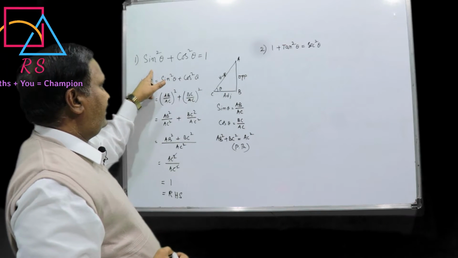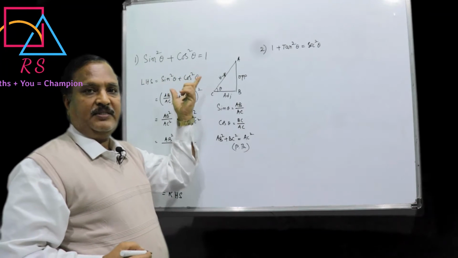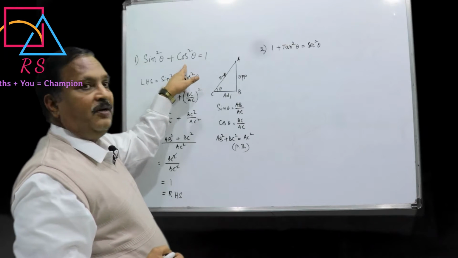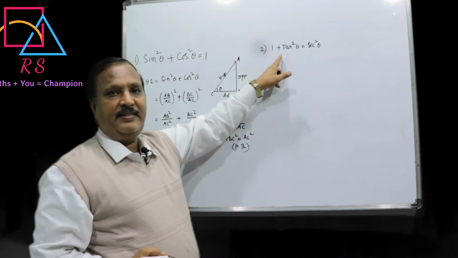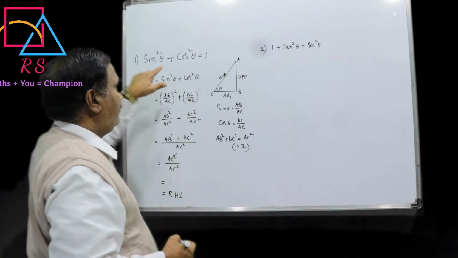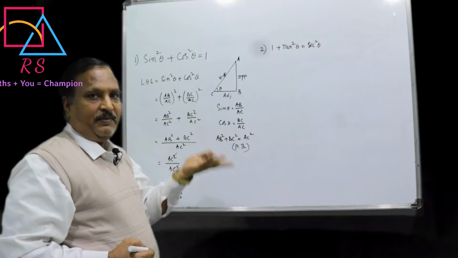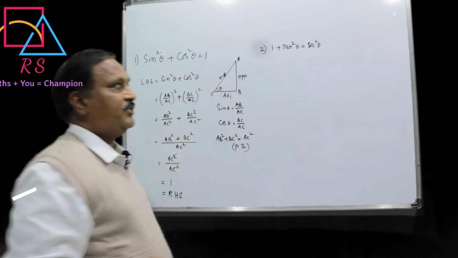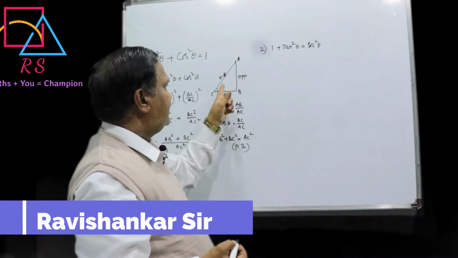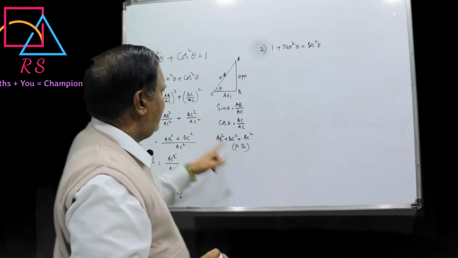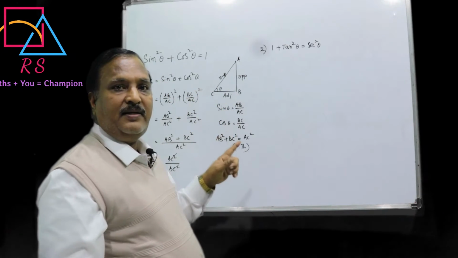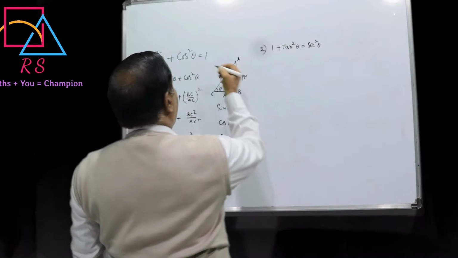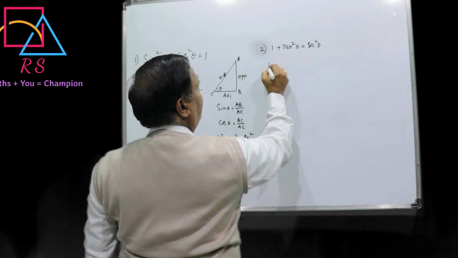After the first identity, we got a formula, sine square theta plus cos square theta is equal to 1, and we can use this here. You can apply the same diagram method as a practice. Now I will apply the first identity formula.